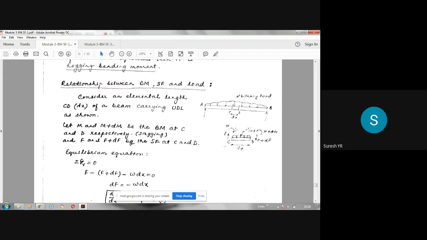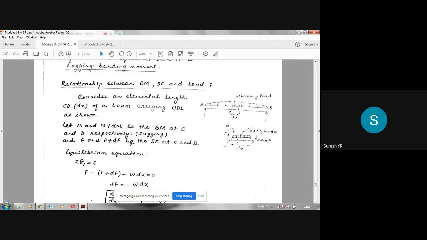M is the bending moment here, M plus dM is the bending moment here. Now, for this element, we will apply the equilibrium equation. Let us apply sigma Fy is equal to 0. What do you mean by sigma Fy is equal to 0? Upward forces should be equal to downward forces, or you can say the algebraic sum of all the vertical forces is equal to 0.